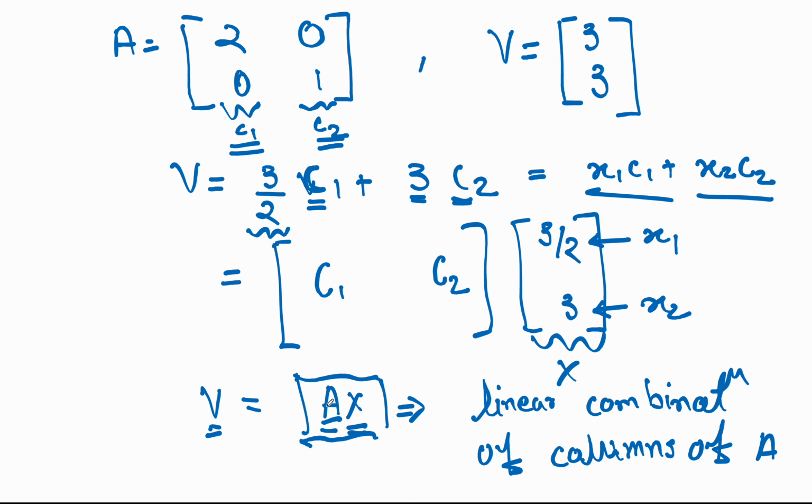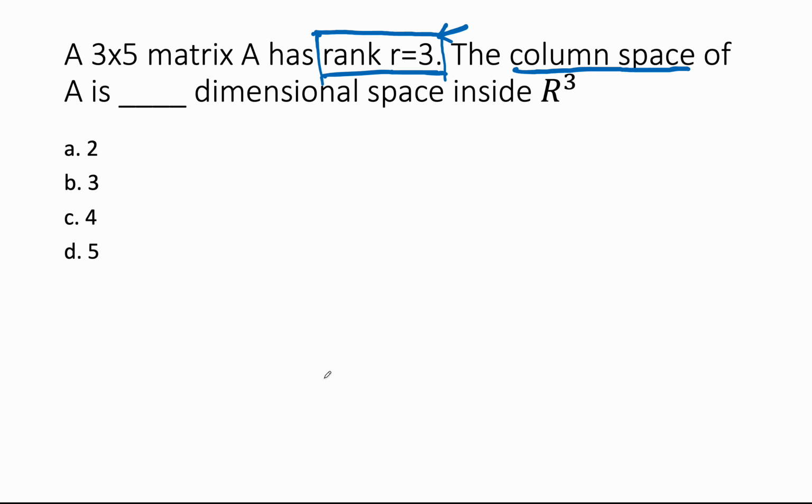So if we take Ax, whatever x may be, that will give the linear combination of the columns and will give some vector output, and all possible vectors that can be obtained by the linear combination of columns gives the column space of A. Okay, so I hope the definitions are clear.